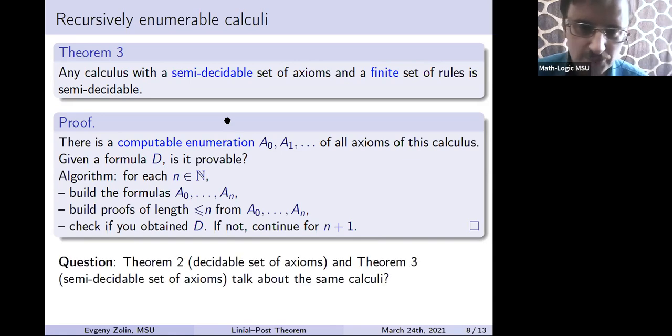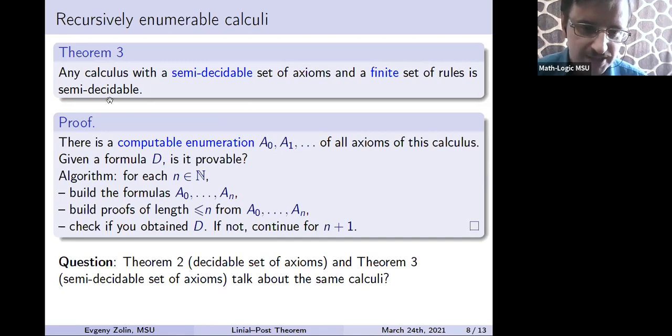I'll leave the following question to you to think about. In Theorem 2, we had decidable sets of axioms. In Theorem 3, we had semi-decidable sets of axioms. And in both cases, we obtained a semi-decidable set of theorems. Are these two kinds of calculi the same?